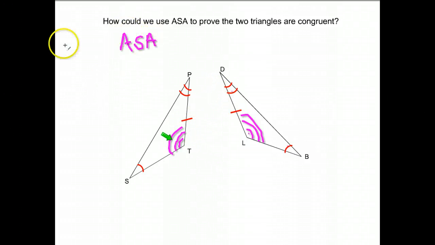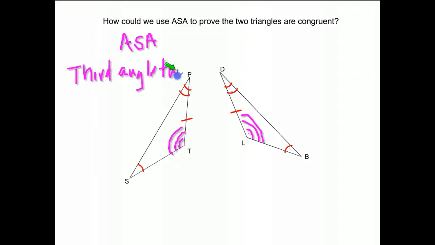So how could we use ASA? We could use the third angle theorem, which again says if you have 2 angles in one triangle that are congruent to 2 angles in another triangle, then the third set of angles are congruent. We use the third angle theorem, and once we've done that, then notice we have an angle and an angle, and the side between them marked as congruent.